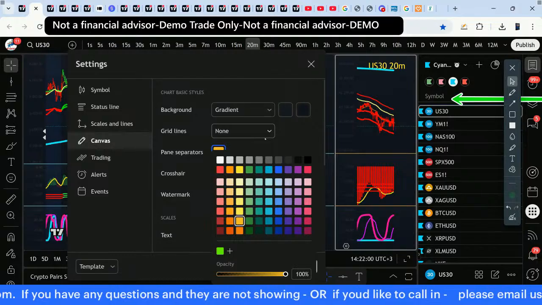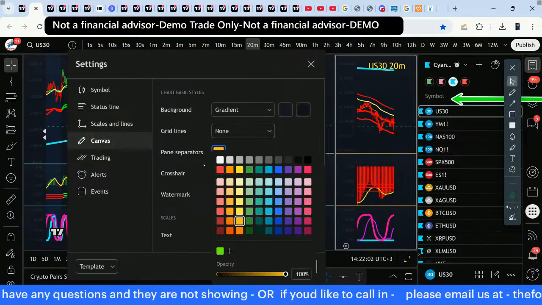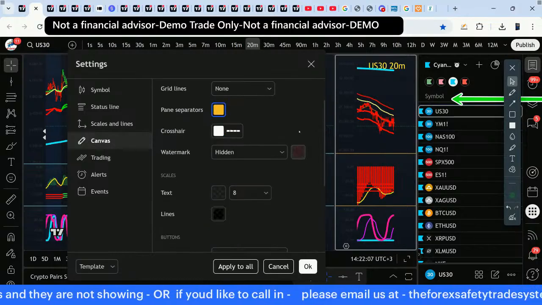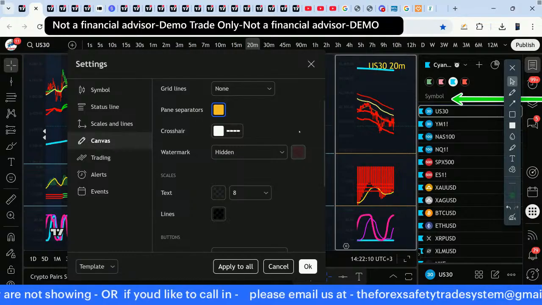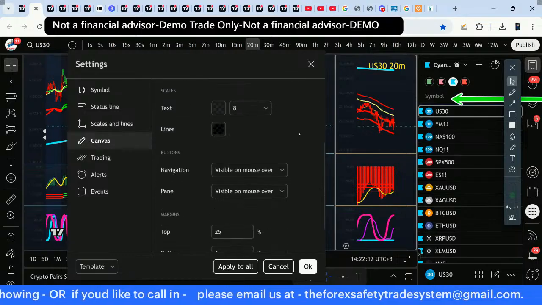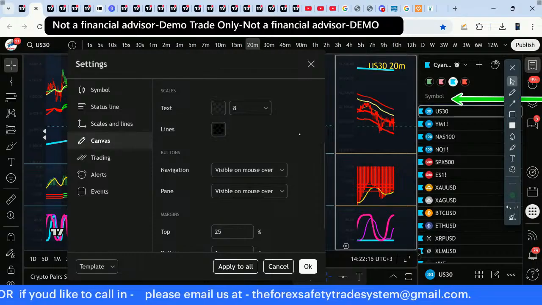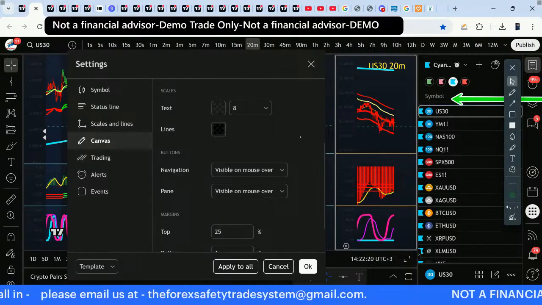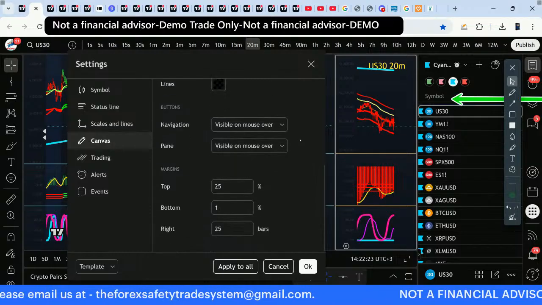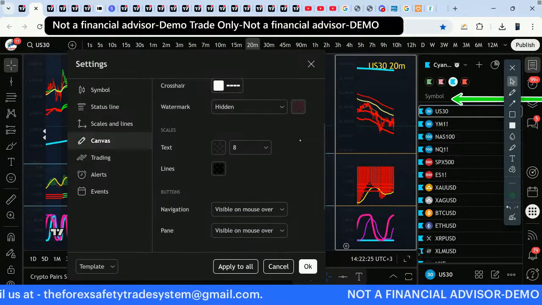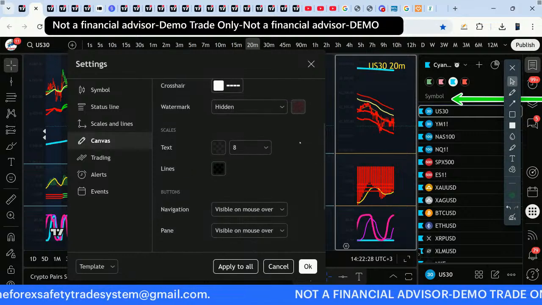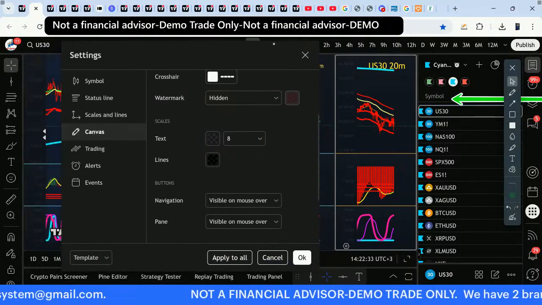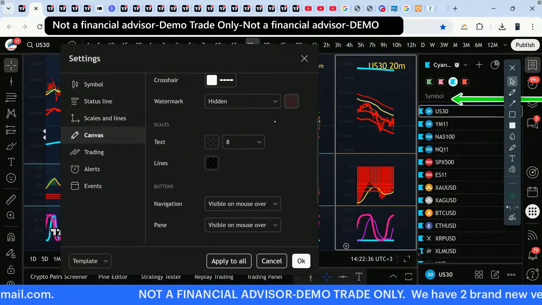I'm trying to find out how do we get, not grid lines, not the watermark, not the crosshair. Hmm. At the top, visible on board. No, not that. Morning, guys. How do I get the price action green red line to go from dashes?